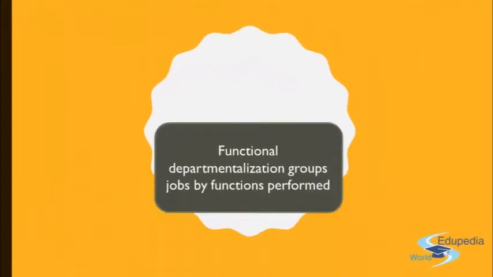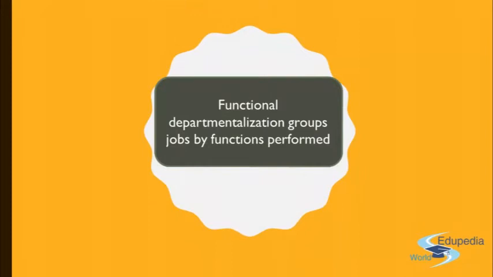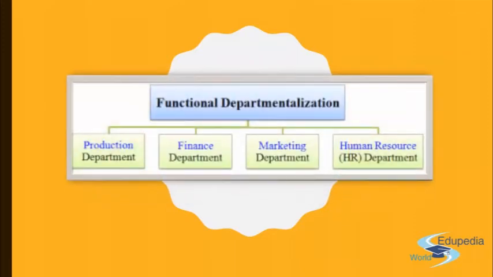So now coming to functional departmentalization. Functional departmentalization groups jobs by functions performed. This approach can be used in all types of organizations, although the functions change to reflect the organization's purpose and work. In functional departmentalization, an organization is organized into departments based upon the respective functions each performs for the organization.